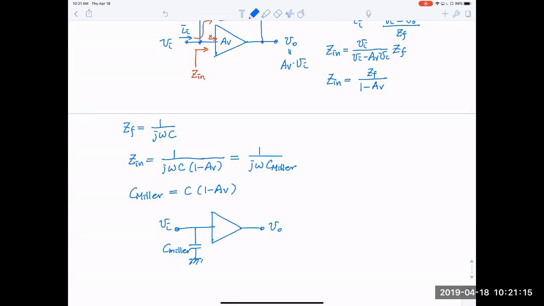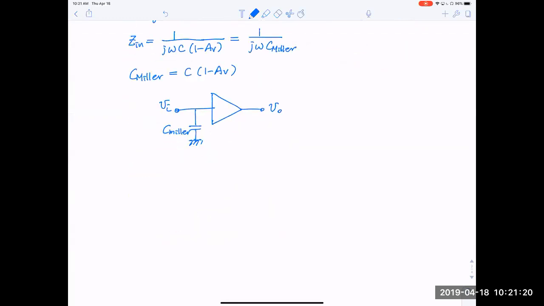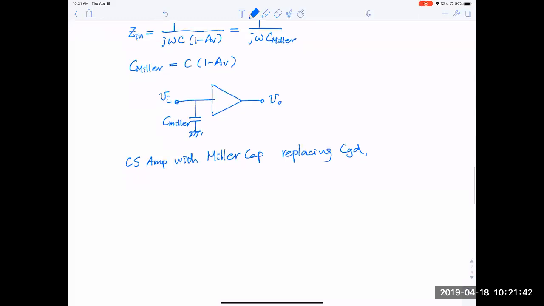So let me redraw the amplifier, the CS amplifier. So CS amp with Miller capacitance replacing CGD. Okay, so let's see how it looks. So we have an RS, same. We have VI, the same.